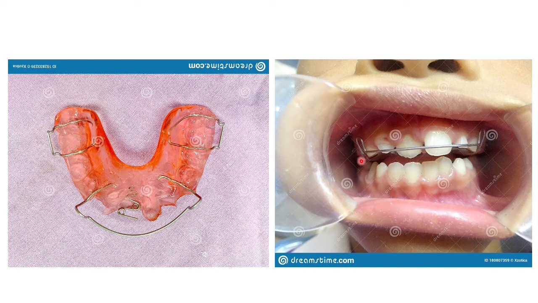When the occlusion is disengaged, then only the upper incisor can tip labially without any interference from the lower teeth. And then we can correct the anterior crossbite successfully within 6 months to 1 year with good patient compliance.